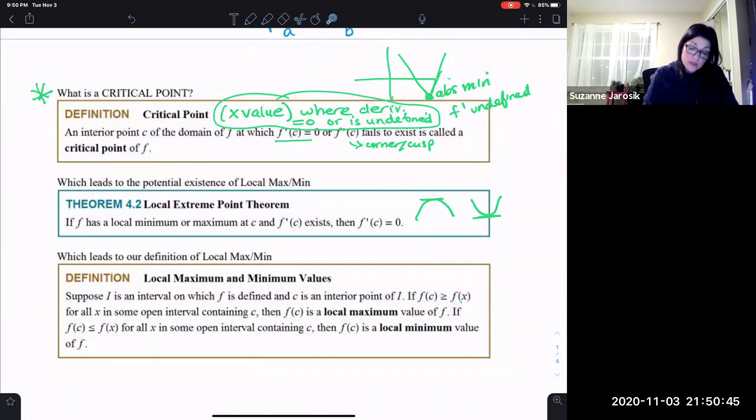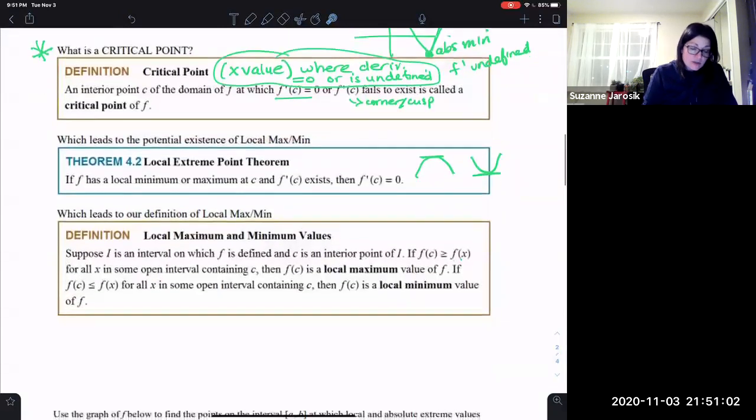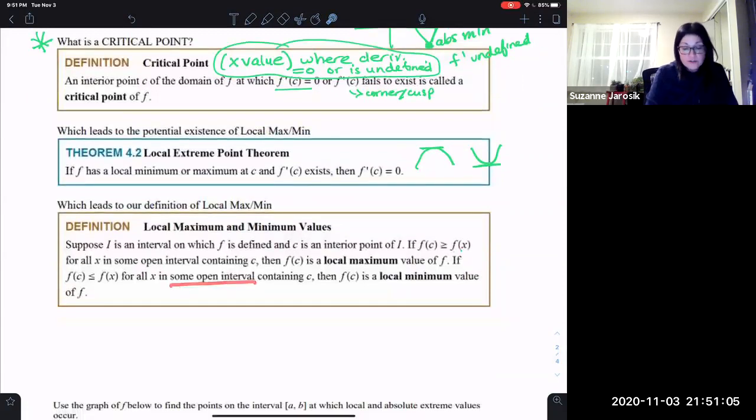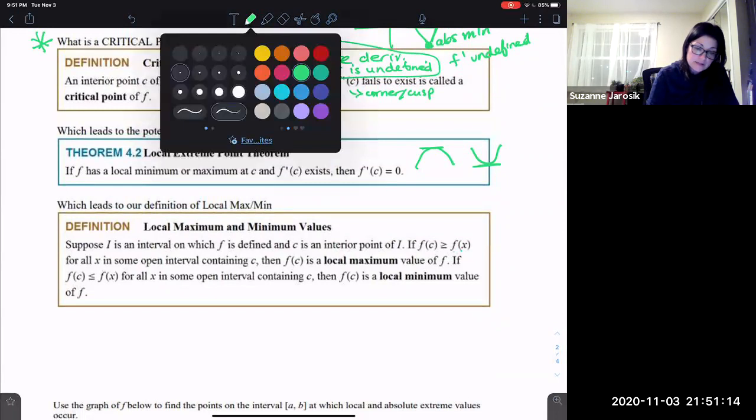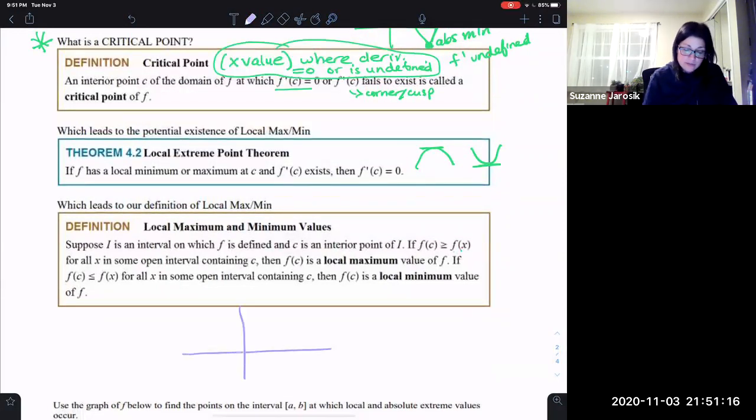C is an interior point of I. If F of C is greater than or equal to F of X for all X in some open interval containing C, then F of C is a local maximum value of F. If F of C is less than or equal to F of X for all X in some open interval containing C, then F of C is a local min value of F.